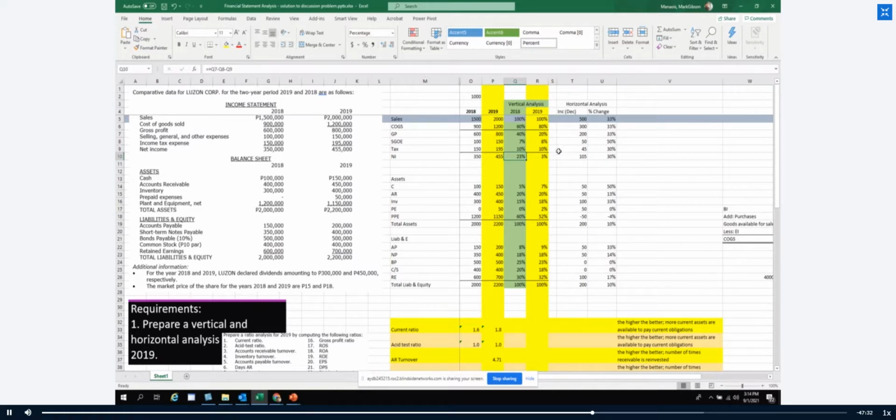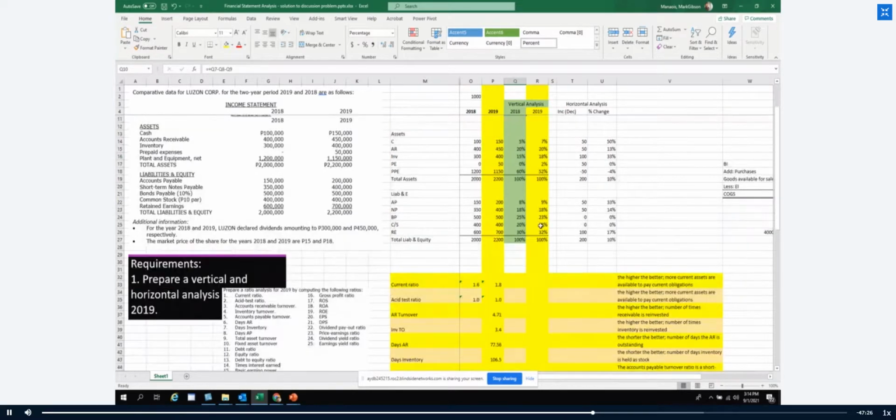All right. So moving on to your vertical analysis using your balance sheet. You have your cash, your AR, your inventory, your prepaid expenses, and your property, plant, and equipment. Of course, in the balance sheet, you have your total assets as your baseline.